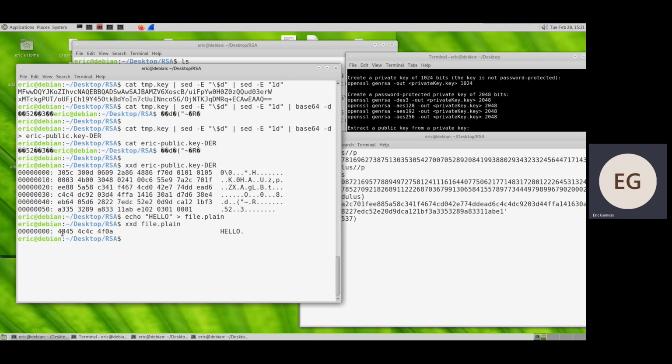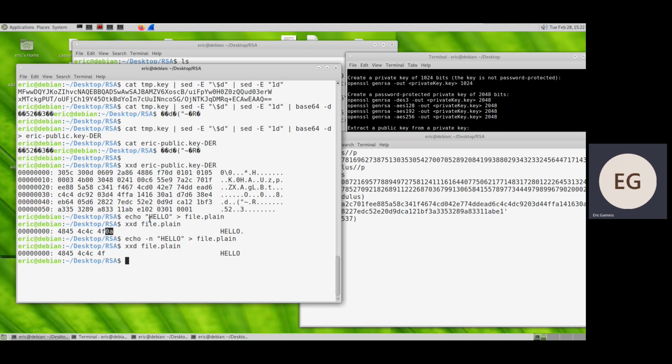It says it has H, which is 48 in hexadecimal, E, which is 45, L, 4C, again 4C for the other L, O, and go to the next line. I don't want this go to the next line. Let's say that I want to suppress it. If I just want hello, how can I do? echo -n. Now, if you look at my file, we have 1, 2, 3, 4, 5 characters.